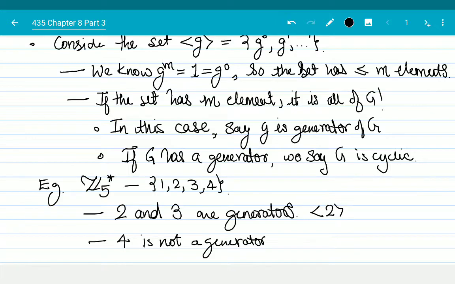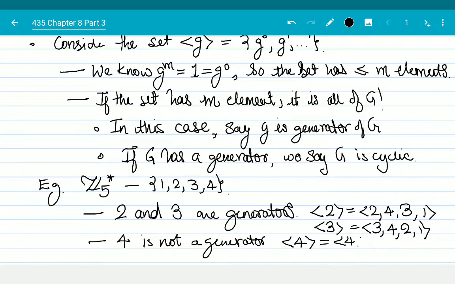The group generated by 2 was 2, 4, 3, 1. When generated by 3, it was 3, 4, 2, 1. Whereas the subgroup generated by 4 was just 4 and 1.